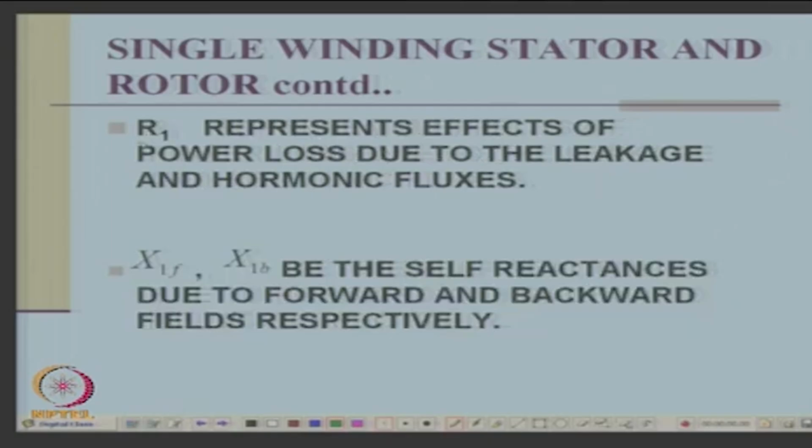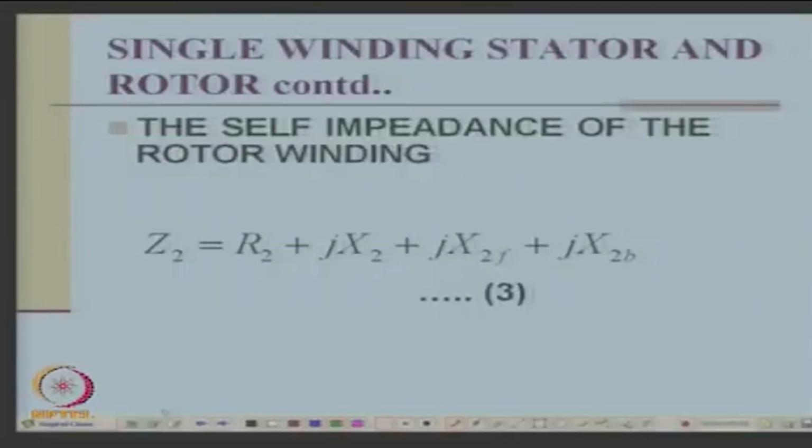Now, R1 represents the effect of power loss due to leakage and harmonic flux. So, R1 is a resistive component which will include any stray losses etc. We can include everything, and X1F, X1B are the self reactances due to forward and backward fields. We are repeating the same thing. Now, similarly the rotor will have Z2 with its own resistance R2, leakage reactance which includes all harmonic fields, and its reactances X2F and X2B.